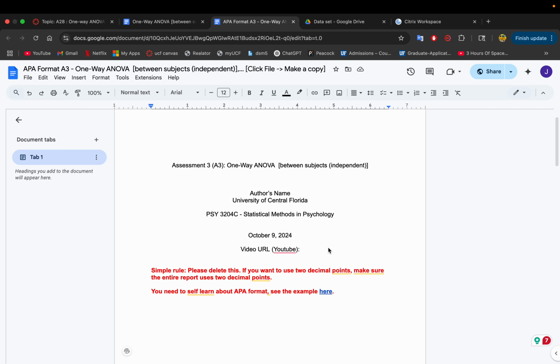And ANOVA tests that to make sure that your data is significant and valuable to the research. A good example is this.